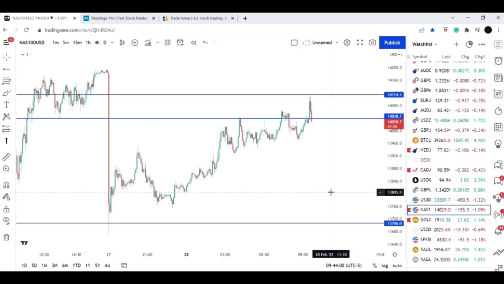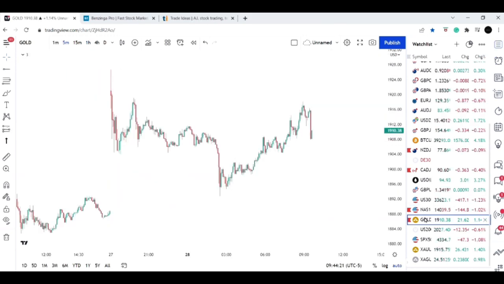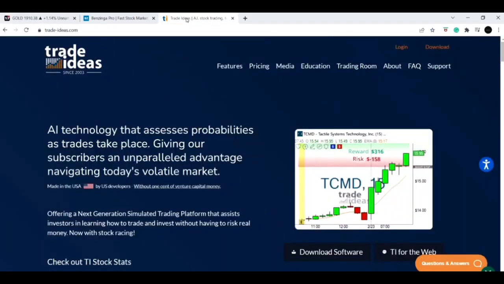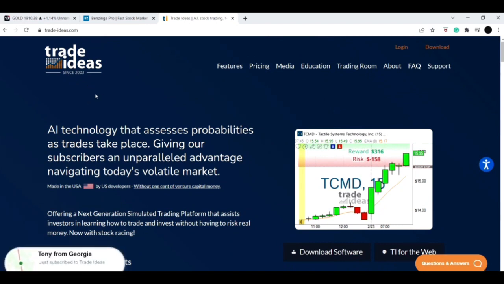Now, when it comes to trading stocks, I'm looking at probably the top 10 stocks of the day, okay? Or I'm looking at the pre-market gappers, okay? And you can get that from a third-party scanner like Trade Ideas, okay?